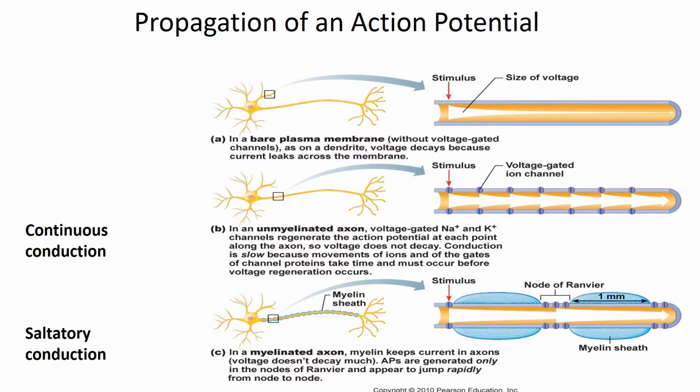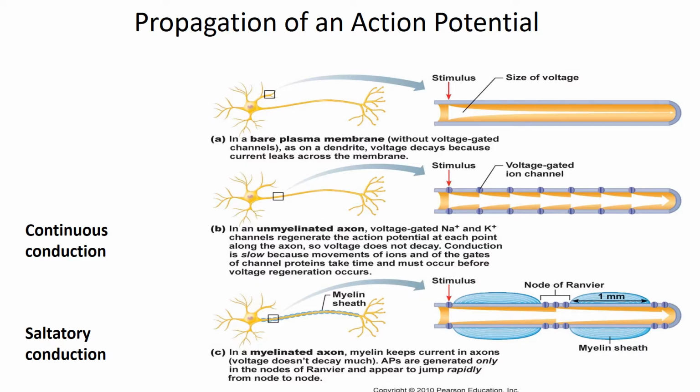In an unmyelinated axon, the voltage-gated sodium and potassium channels can regenerate the action potential at each point along the axon, so the voltage doesn't decay. In a myelinated axon, the myelin current doesn't decay as much.